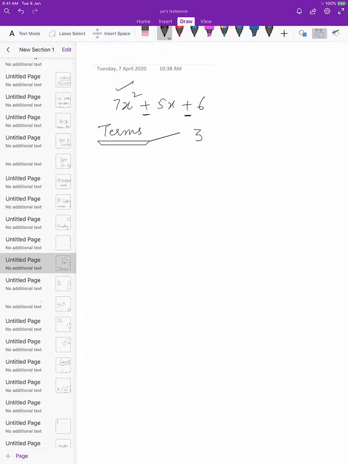So 1, 2, 3. There are 3 terms only. On the other hand, if I write 7 into x into y into z plus 5, how many terms are there? You can't say that these are separate terms because they are not separated by a plus or a minus sign. There is all multiplication in between them. If I want, I can write it as 7xyz.